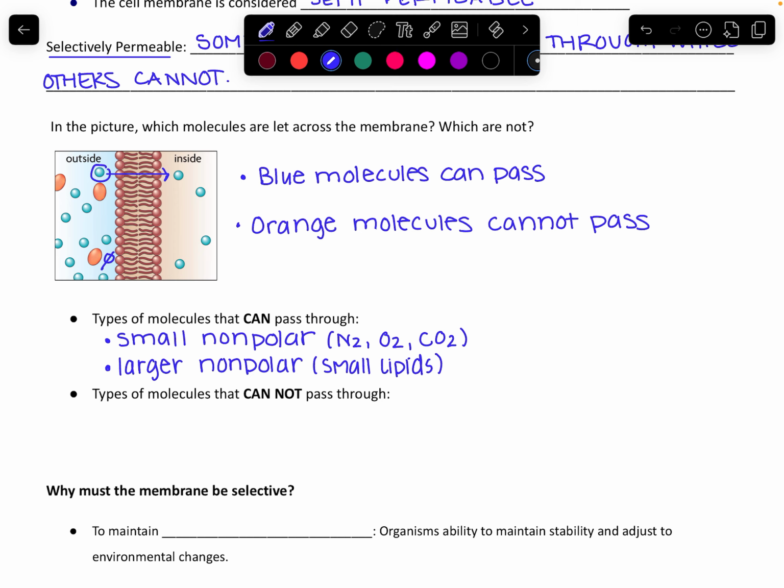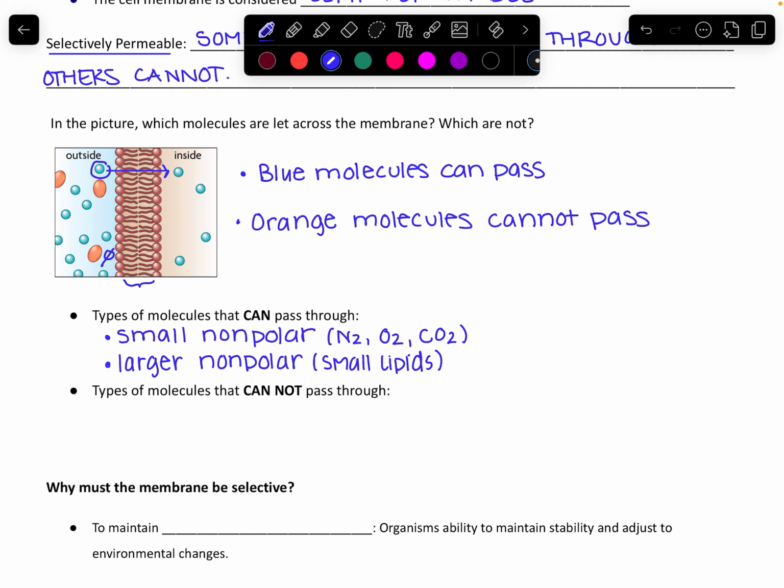And remember, we have this whole nonpolar section in the middle, like a nonpolar sandwich, and the things that are able to pass are the things that can interact really well with that nonpolar section. So these can pass really easily.